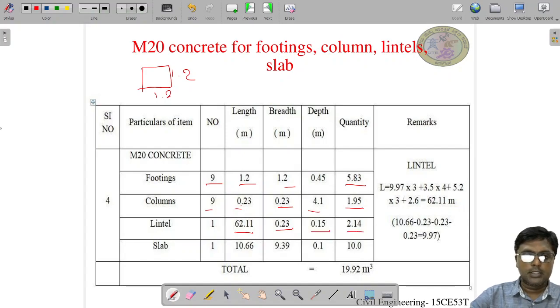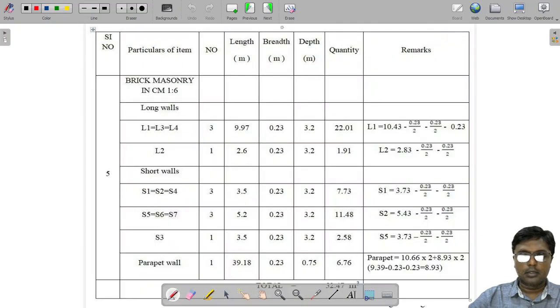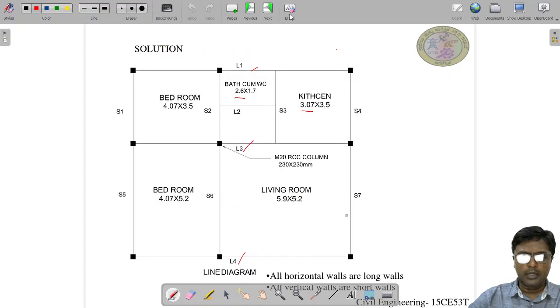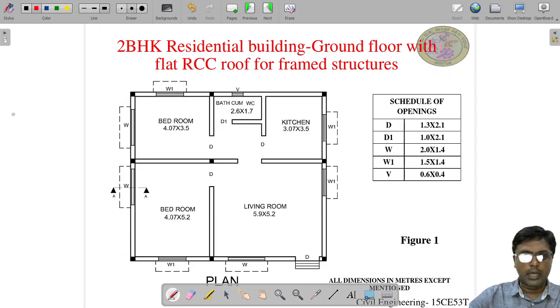And the slab. As you can see, our plan is a simple rectangular shape, so we can put the RCC slab like this. We have to put it on the entire walls. So how will you calculate?